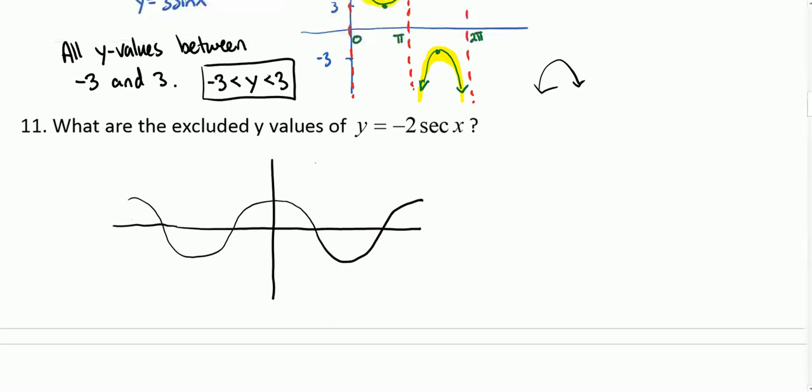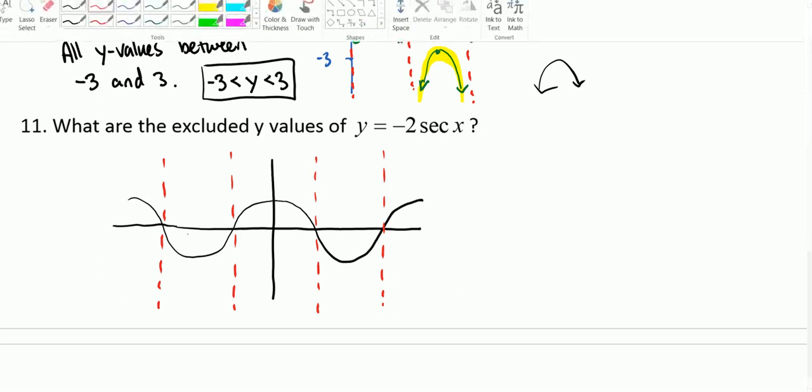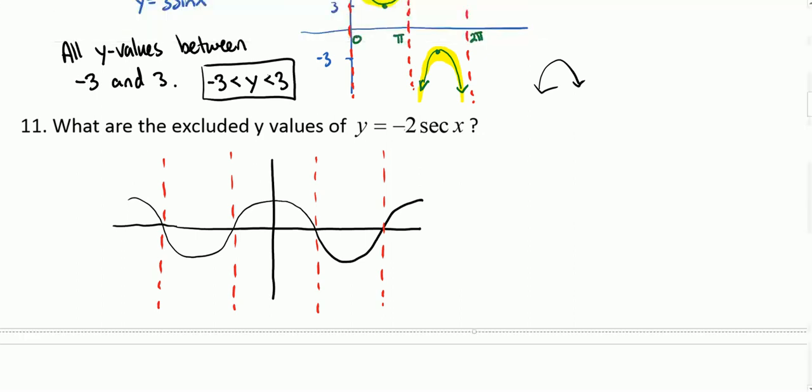Wherever cosine is 0, it's where we get our vertical asymptotes. And then, you know what, I messed up here because it's a negative 2 secant, so I need to flip this upside down.